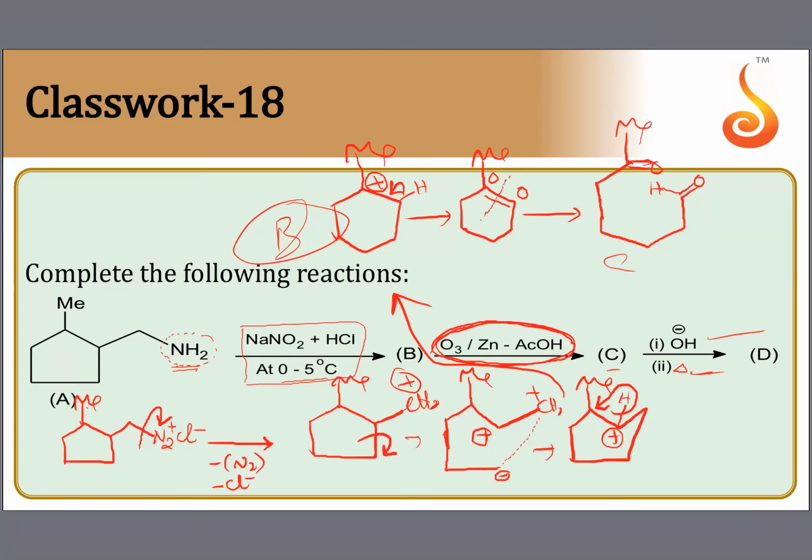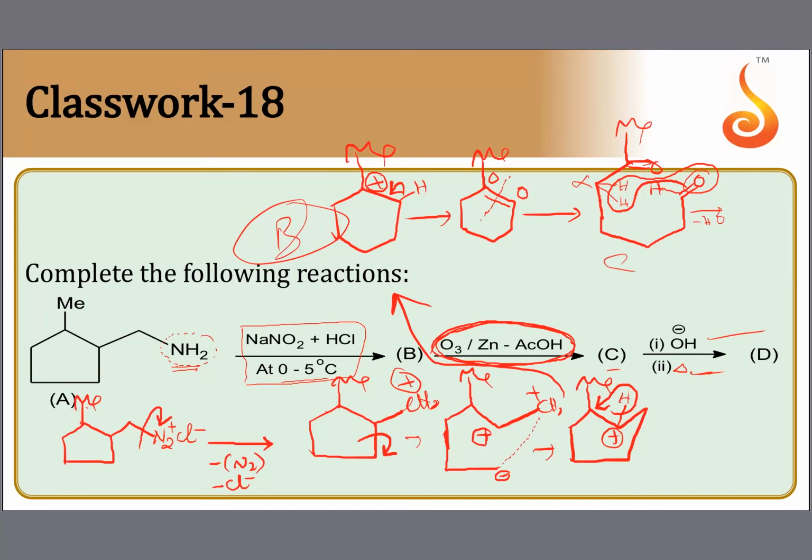So now intramolecular aldol condensation. How to do intramolecular aldol condensation? Take 2 alpha hydrogens and the aldehyde group. Oxygen of aldehyde and 2 alpha hydrogens are both removed in the form of H2O.